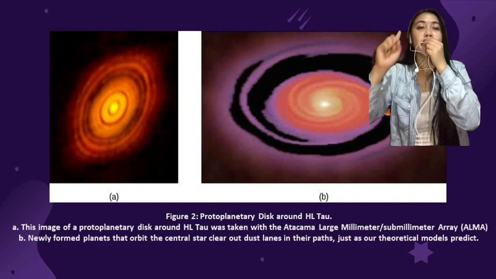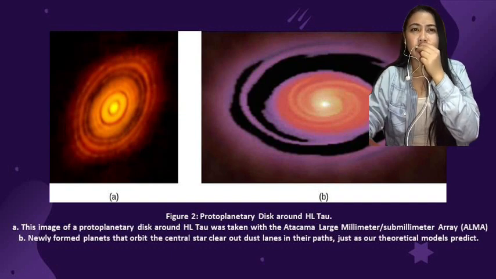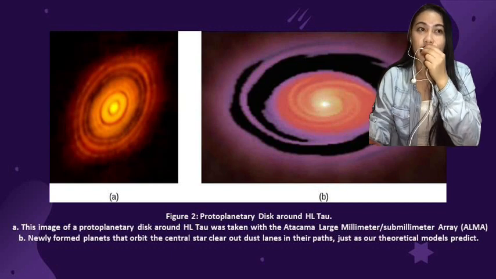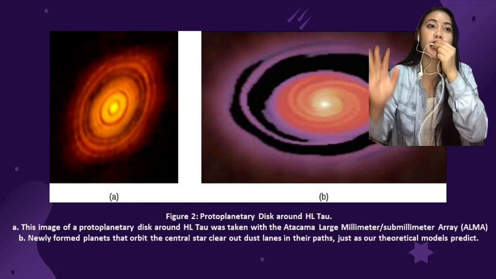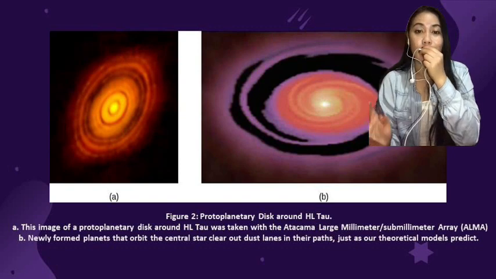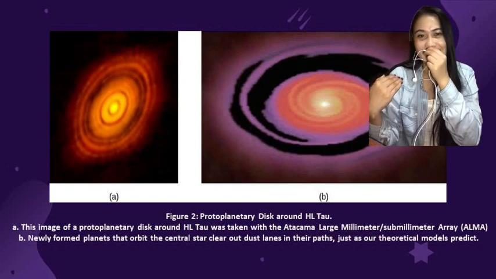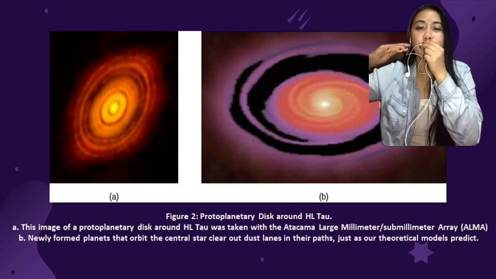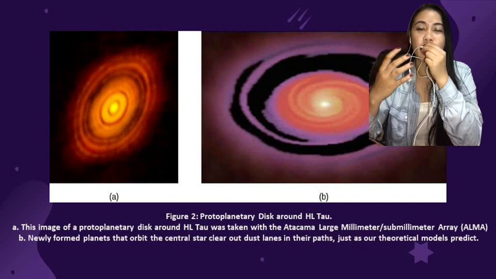Okay, this image of a protoplanetary disk around the HL Tau was taken with the Atacama Large Millimeter/Submillimeter Array or ALMA, which allows astronomers like us to construct radio images that rival those taken with visible light.